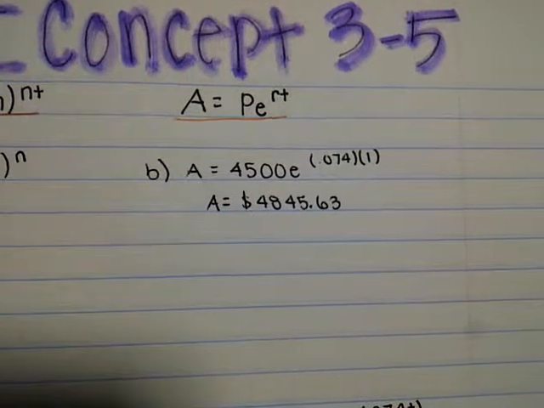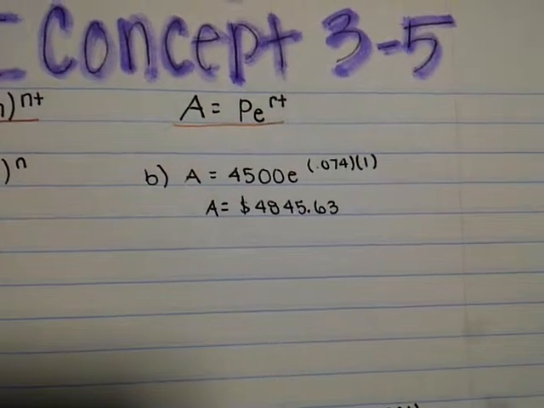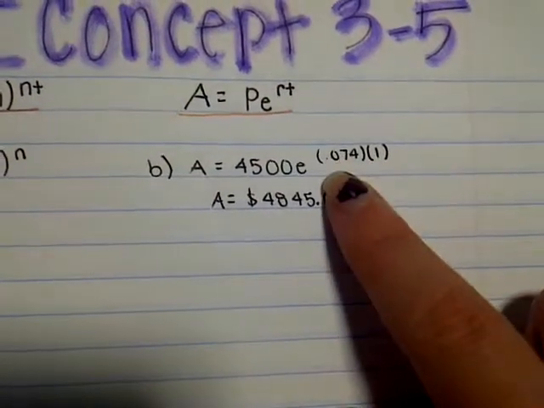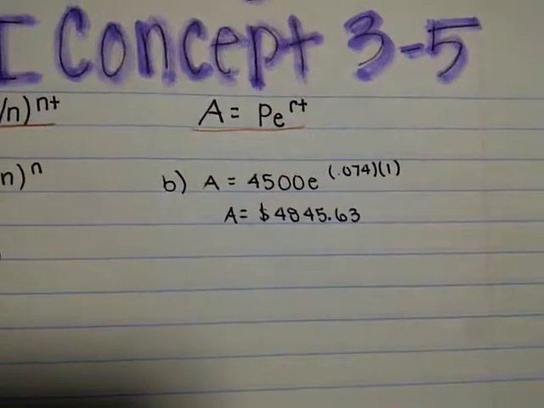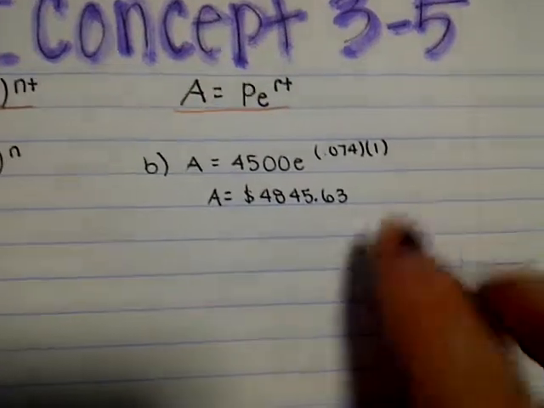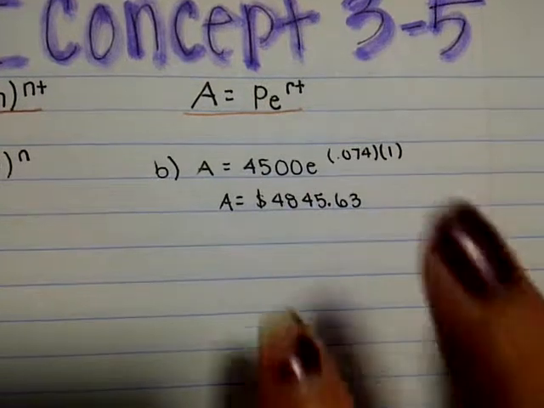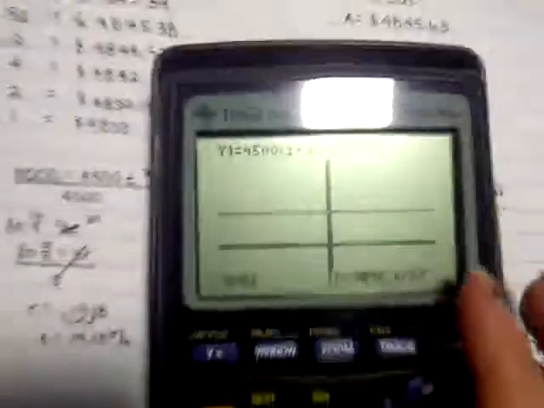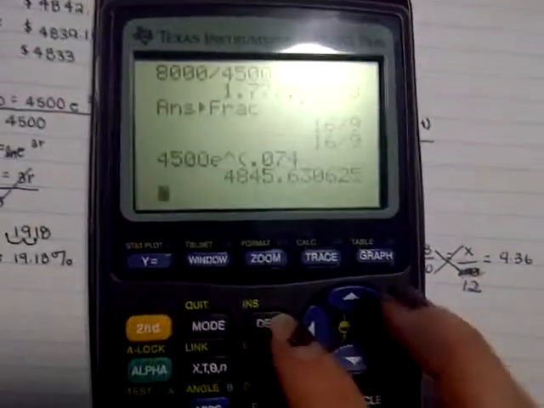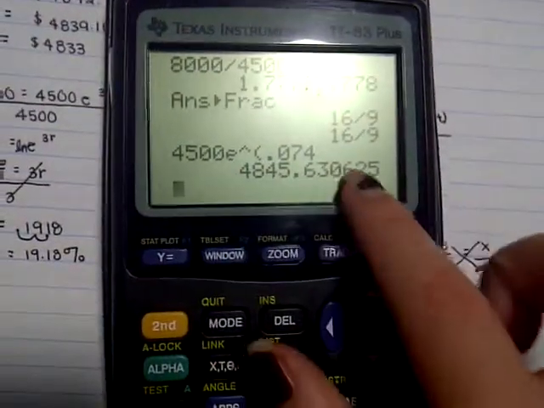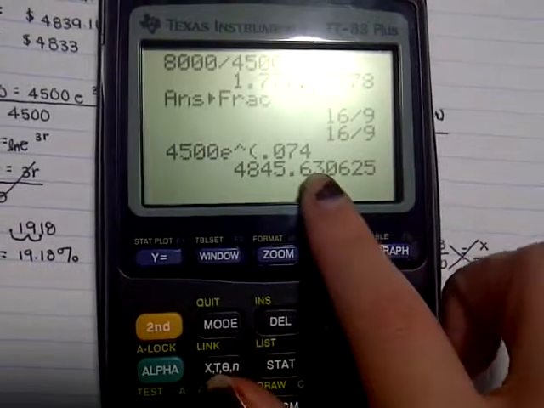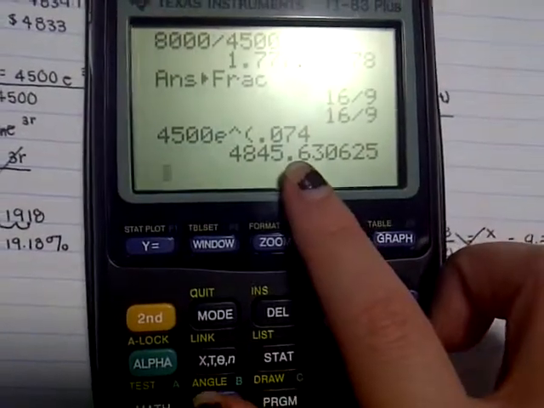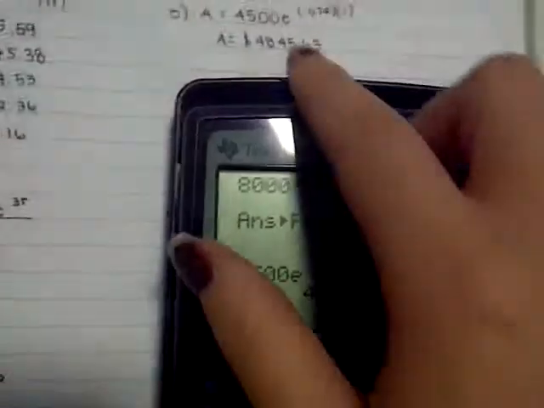E should remain the same, and then you plug in the rate and the time. The rate is 0.074 since the interest rate was 7.4%, and the time is 1 year, so it's 1. You plug that into your graphing calculator, and I already typed it in for you, so that's going to be the answer.